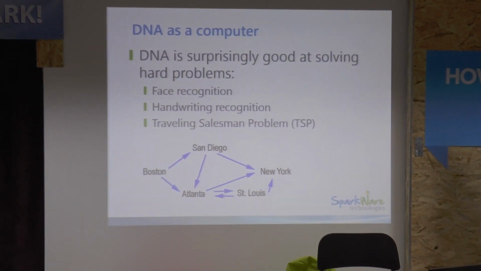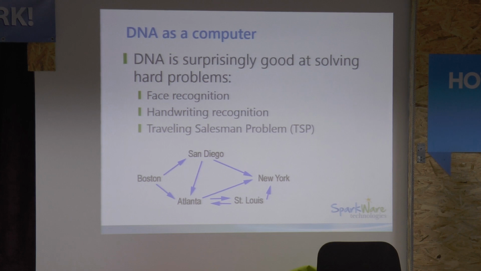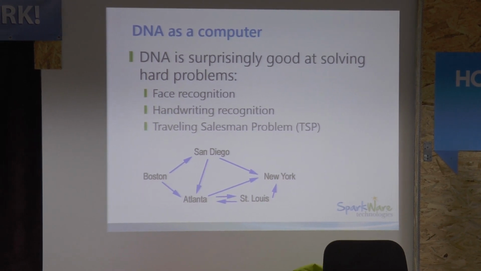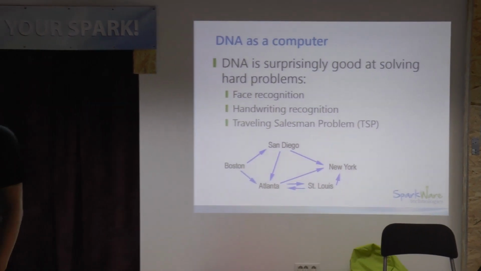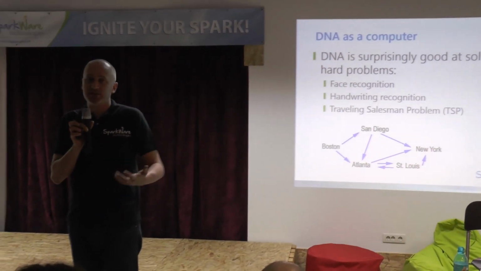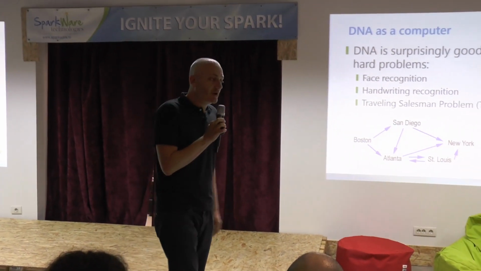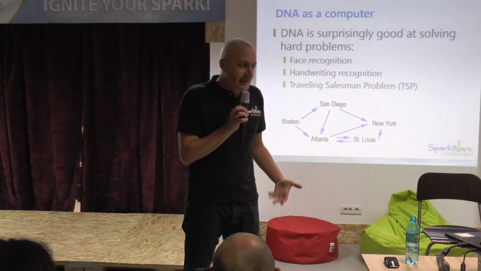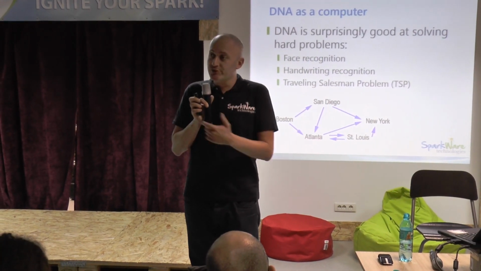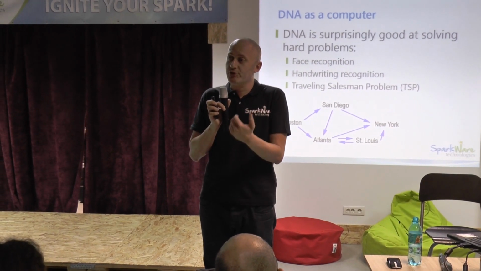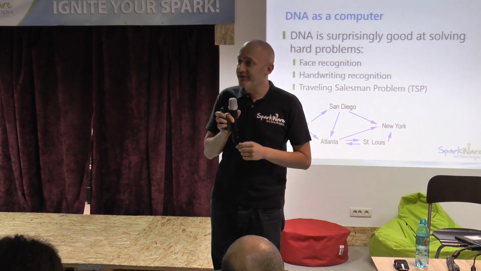Basically, the same problem goes to building roads. If I am the president of the US and I want to build the best roads to connect all of the cities, it would be very helpful to solve this problem, to know what is the shortest path that combines everything together.